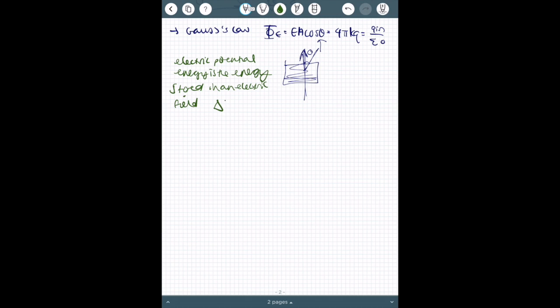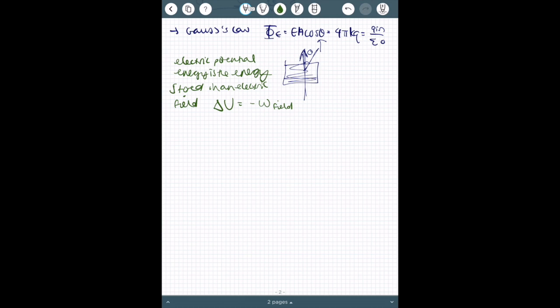So the potential energy, I'm going to call delta U. Well, everyone calls it delta U, but delta U equals the negative of the work done by the electric field. Note, it's negative. So what is delta U? It really only matters the difference.